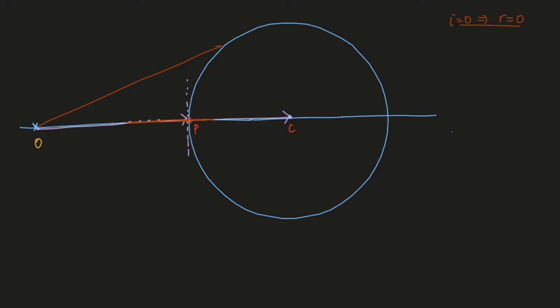This was the ray, and now we connect this point where it intersects the surface to the center. Why? Since this is the normal that we are taking into consideration. This is the tangent to the surface, and that is what we represent the interface as. And this is the normal. The brown line is the normal, this one right here.